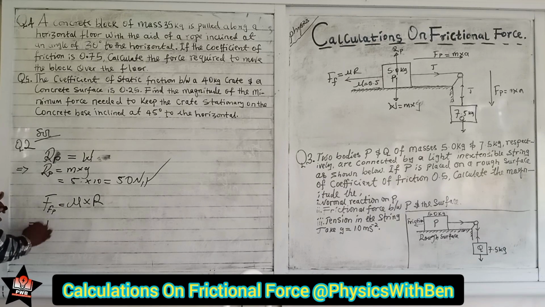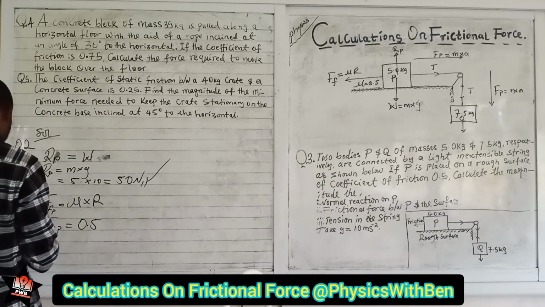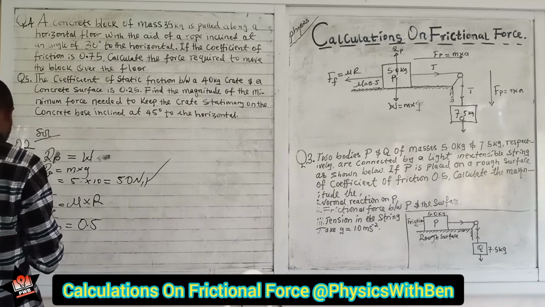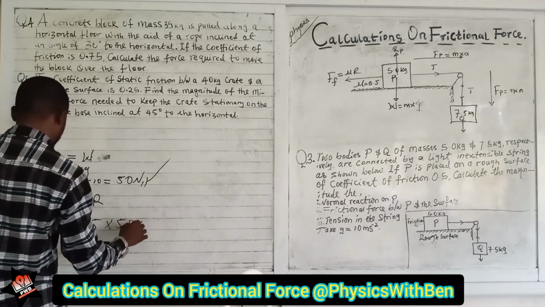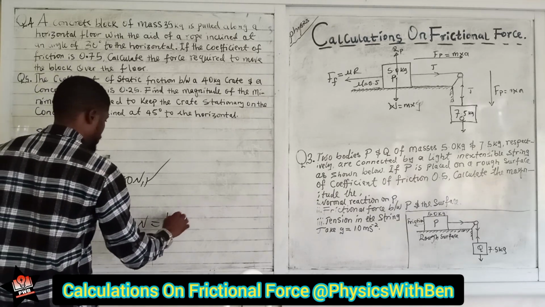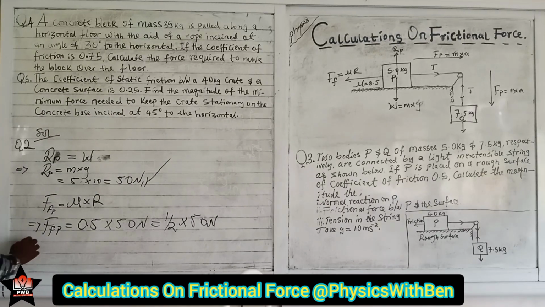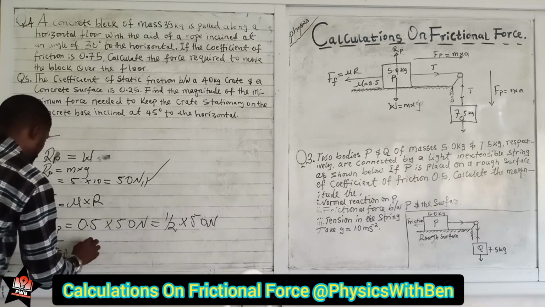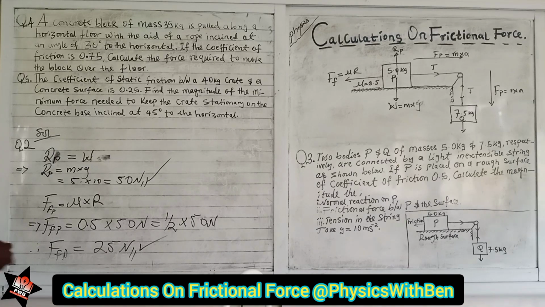So this implies that our frictional force on P is equal to mu 0.5 times 50 Newton. And 0.5 also means 1/2 times 50 Newton, and that is 25. So therefore our frictional force on P is 25 Newton.